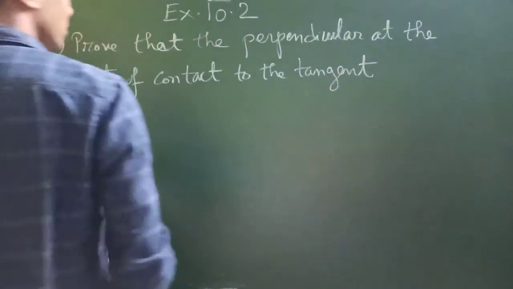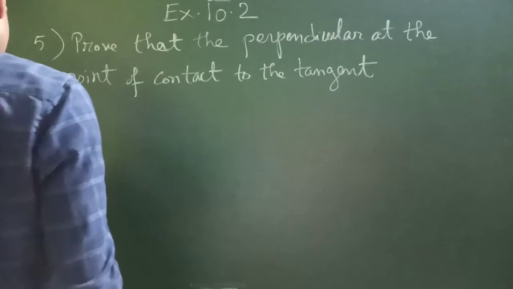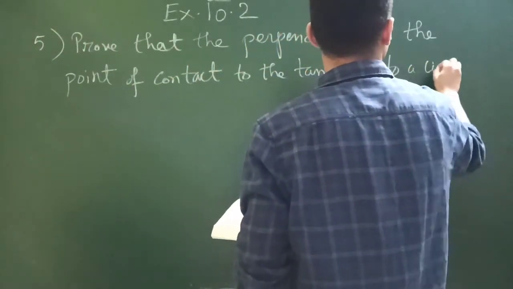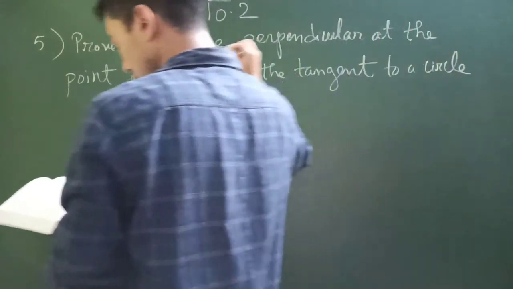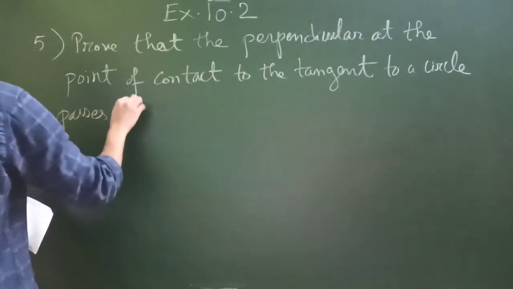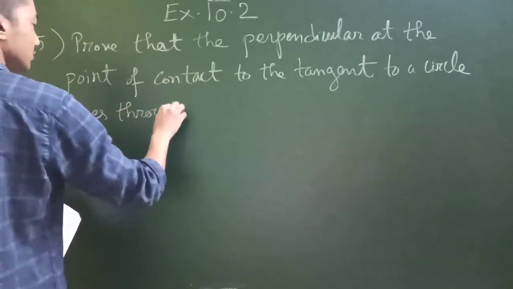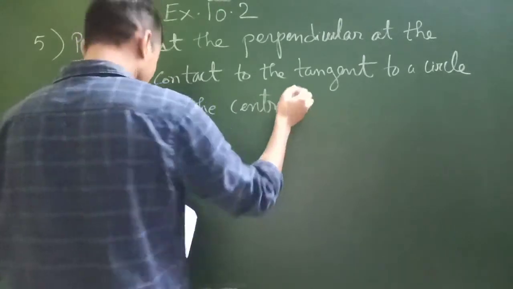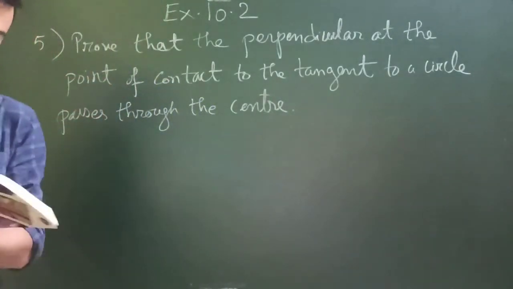The question: prove that the perpendicular at the point of contact to the tangent to a circle passes through the center. Okay, this is one question.